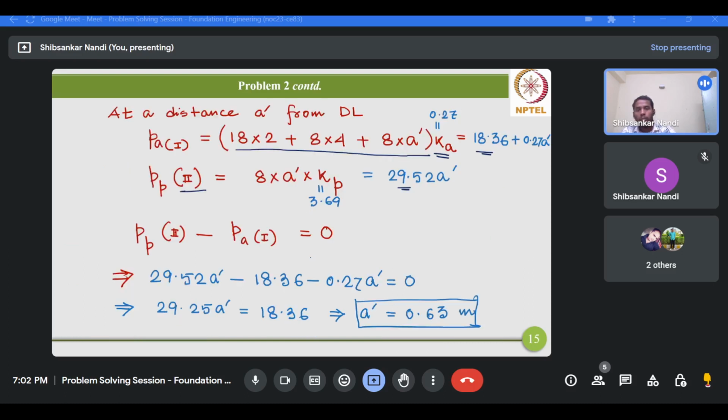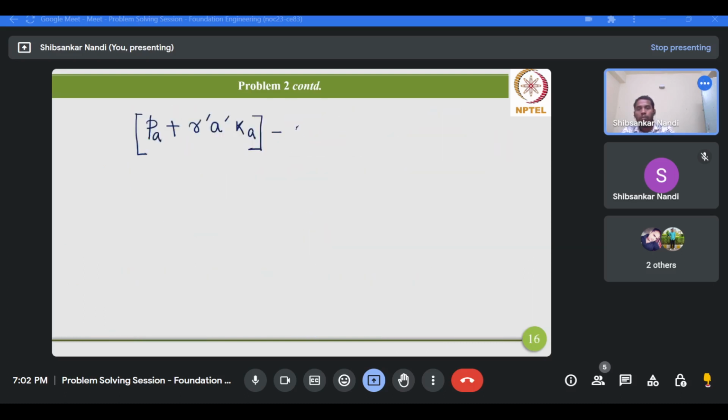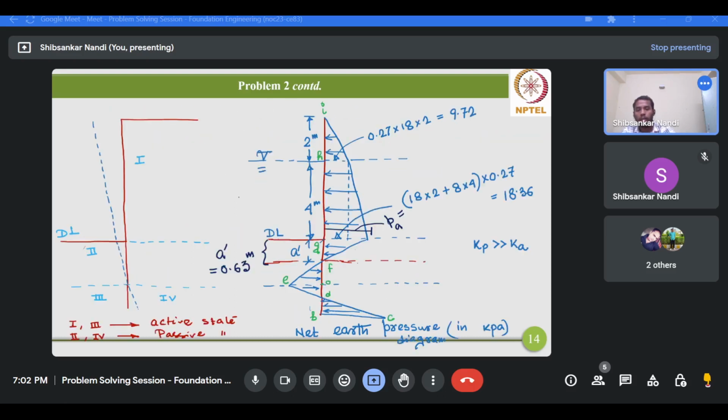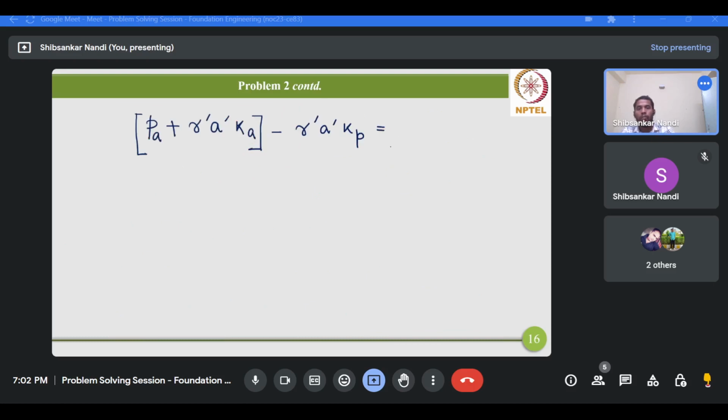And from this side, this value will be gamma prime A prime into Kp, the passive earth pressure from this side. So that will give you the distribution, and it should be 0.